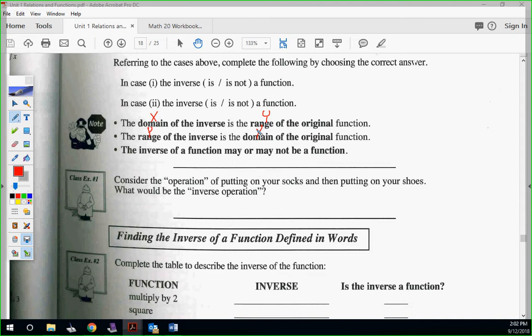Let's do a little funny thing here with words. Consider the operation of putting on your socks and then putting on your shoes. What would be the inverse operation? Taking off your shoes, reverse, right?